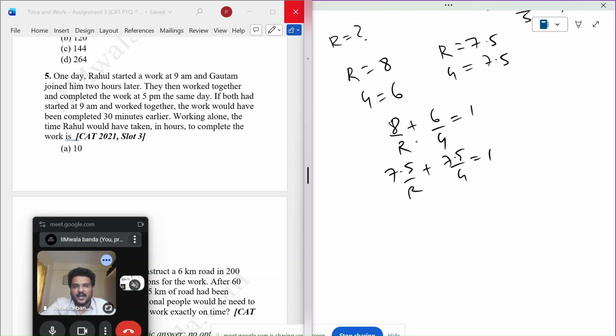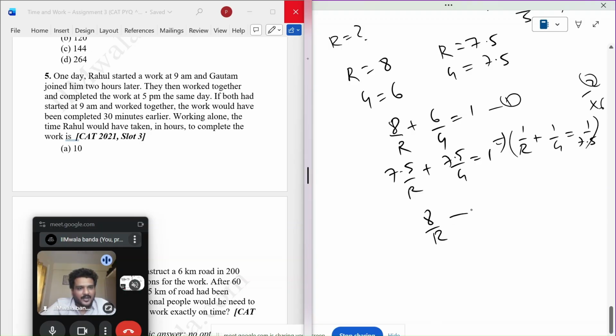We need to find R, so eliminate G, and you can rewrite this equation as 1 by R plus 1 by G is equal to 1 by 7.5. So basically multiply this by 6 and subtract the two equations. So you will get 8 by R minus, sorry, 6 by R. Again, 6 by G will get cancelled. 1 minus 6 by 7.5.